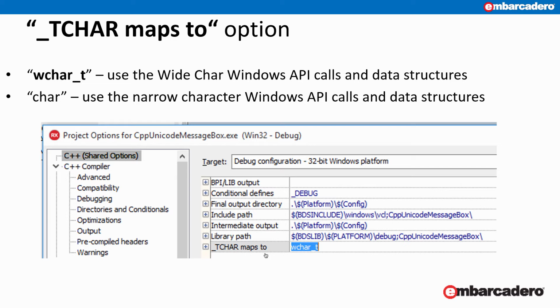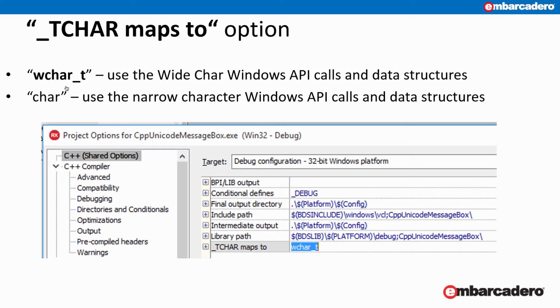So if this _TCHAR maps to is set to char, then the UNICODE preprocessor macro is left undefined and the ANSI variant is used. If it's set to wchar_t, then the UNICODE macro is defined and the wide string UTF-16 variant is used.